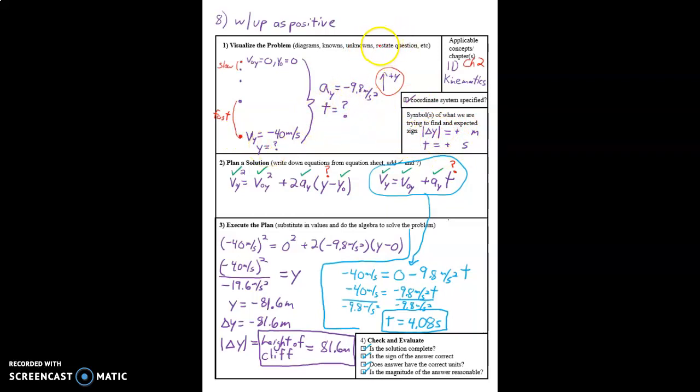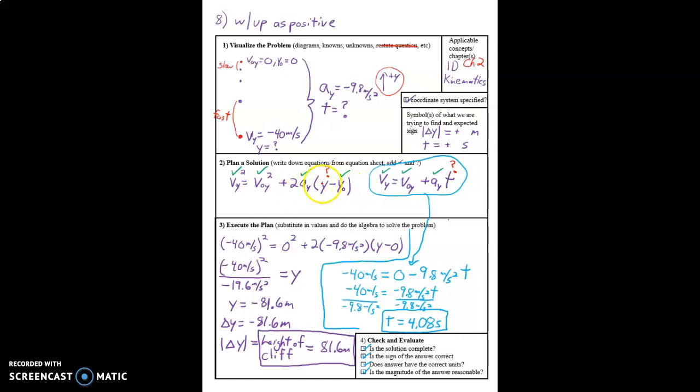We did not need to restate the question here because it was a straightforward question. The only restating, I guess, was restating the answer, clarifying that the height of the cliff is going to be equal to the absolute value of the displacement. So we're saying what is the displacement, and we can easily take the absolute value of that.